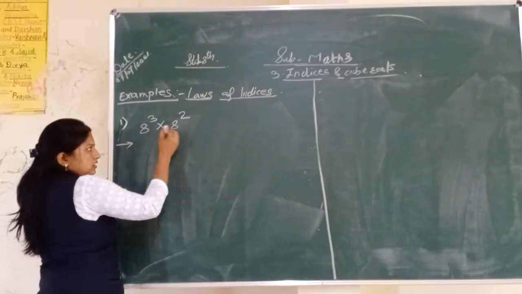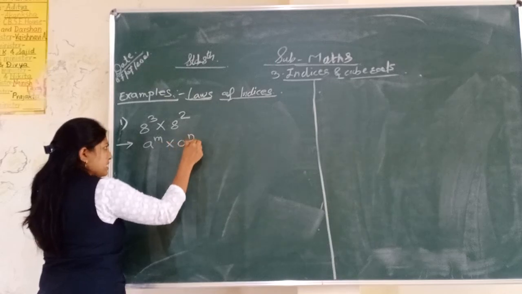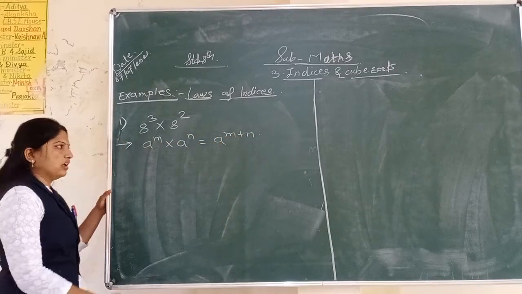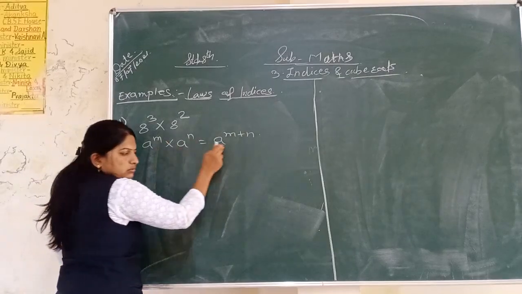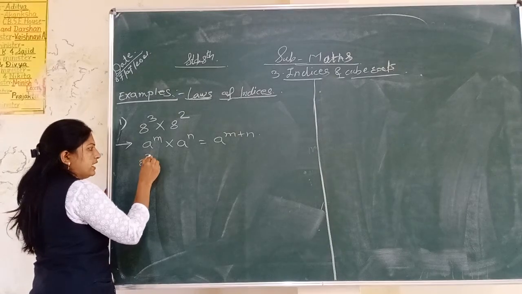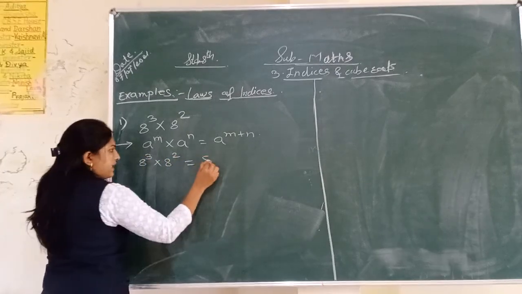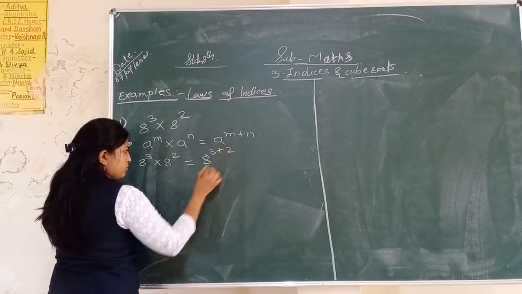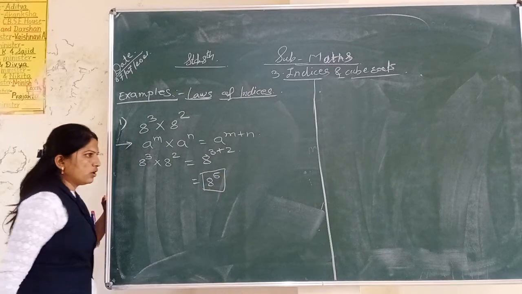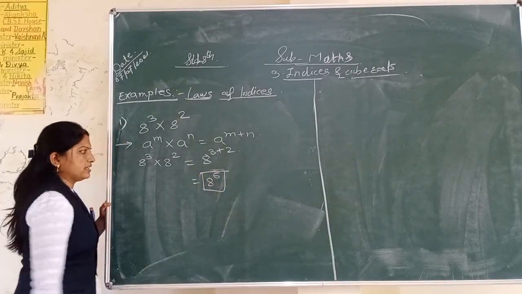This is the application of a raised to m, a raised to n equals a raised to m plus n. Write down that particular law firstly, and then 8 cube into 8 square equals 8 raised to 3 plus 2, it is 8 raised to 5. This is your final answer.